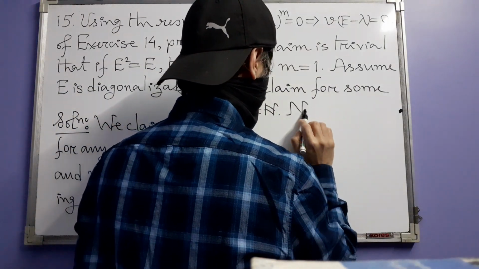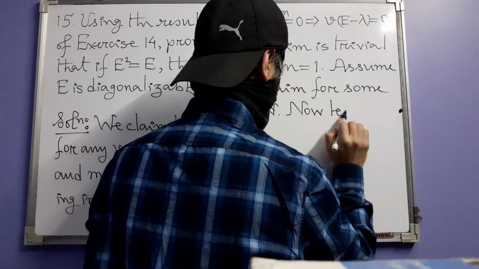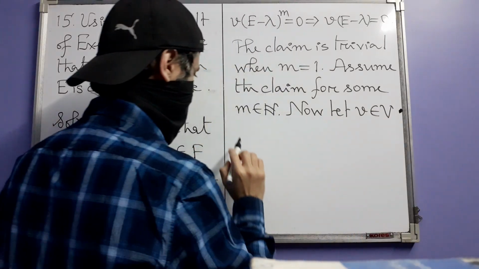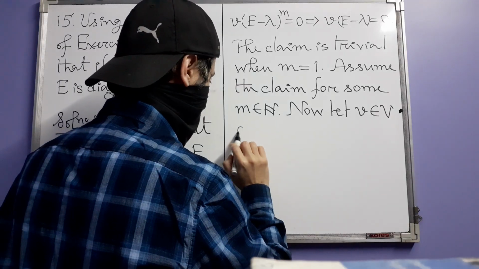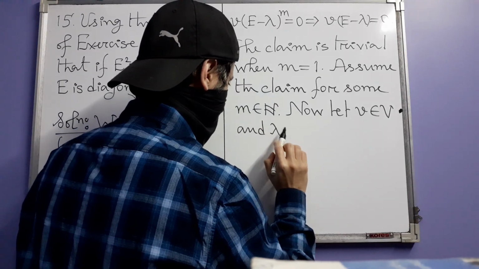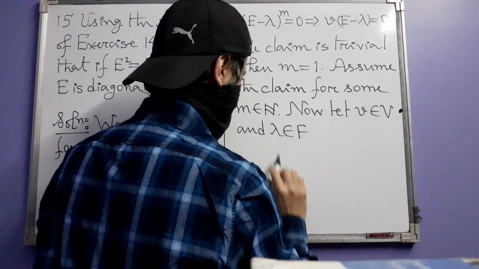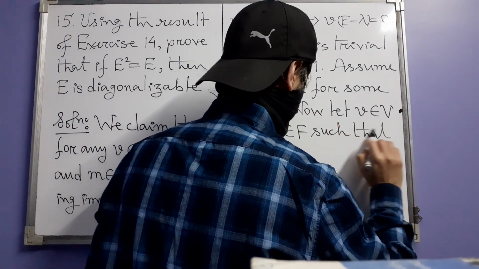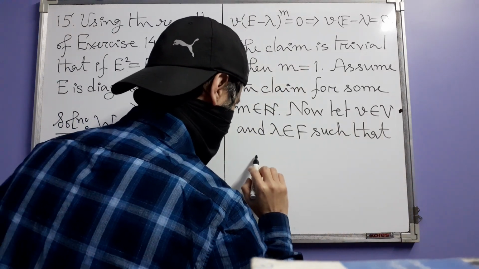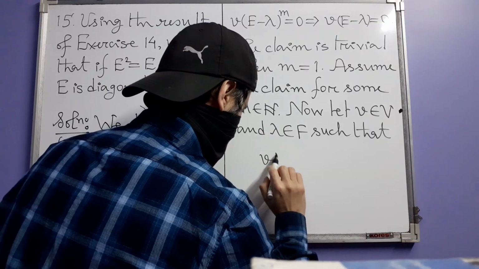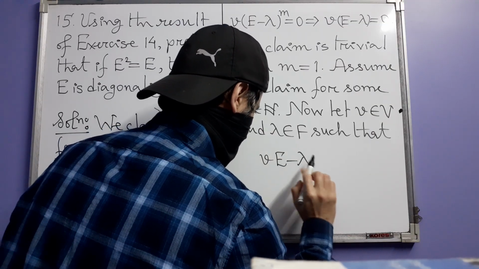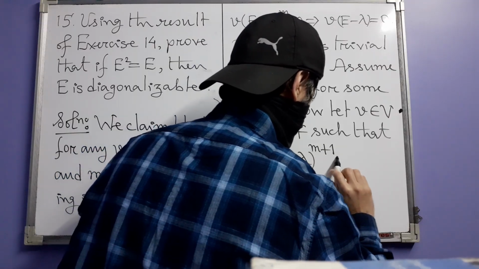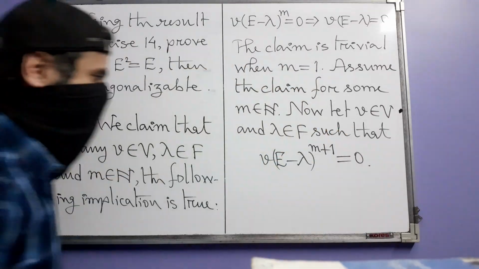Now, let v be some vector in V and lambda be some scalar in F, such that v(E minus lambda)^(n+1) is equal to 0.